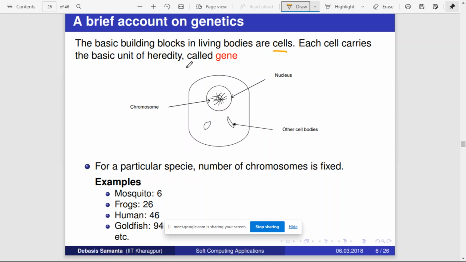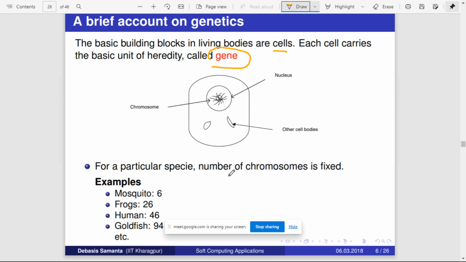Each cell contains hereditary information. This hereditary information is called a gene. So basically a gene represents a personality trait or a characteristic of an individual. And these genes are represented through chromosomes.